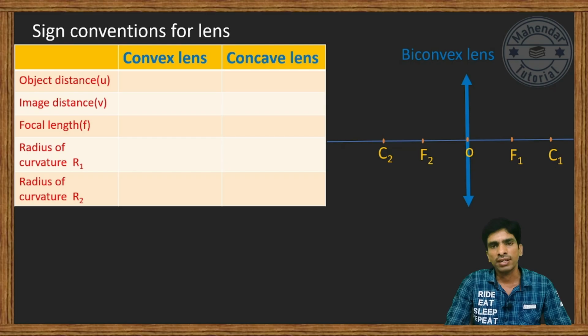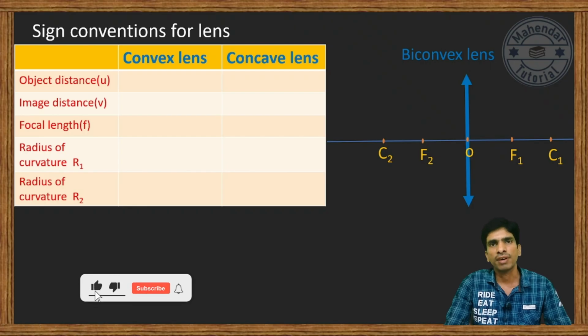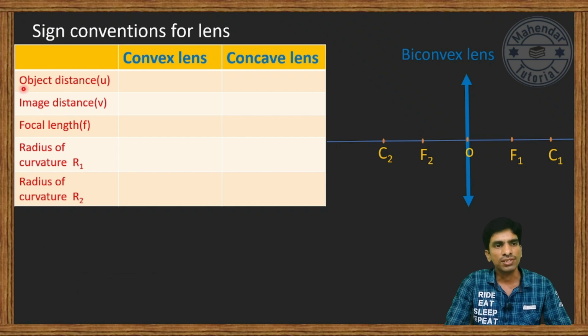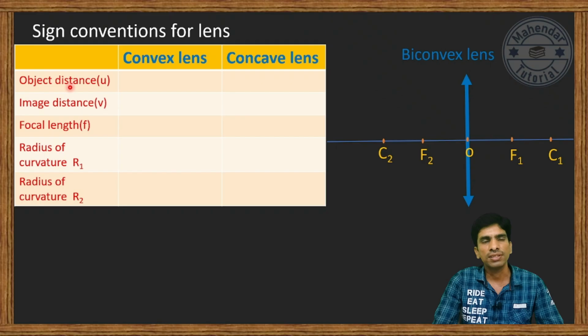First, here we are taking a biconvex lens. While doing numericals, we have to substitute the values: object distance indicated with the letter U, image distance V, focal length, radius of curvature R1 and radius of curvature R2.